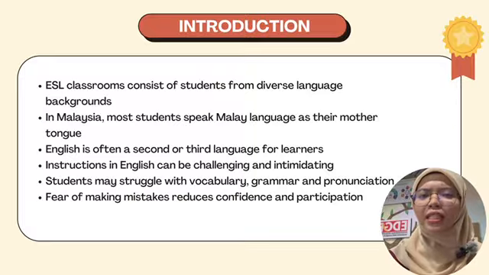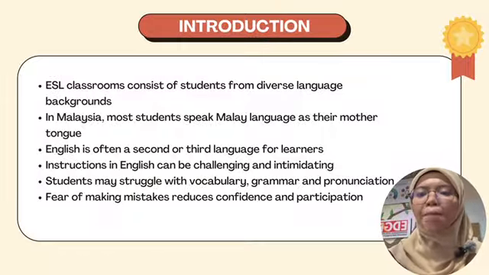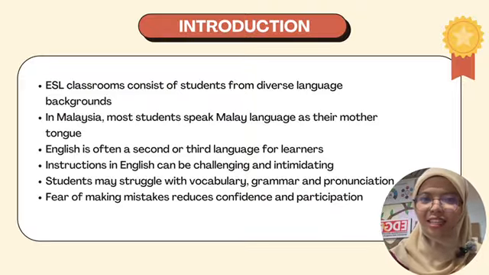Many students actually have ideas and opinions, but they struggle to express them because they feel restricted by language rules and fear making mistakes. Therefore, creating a safe and supportive classroom environment is essential to encourage students to take risks in speaking English.